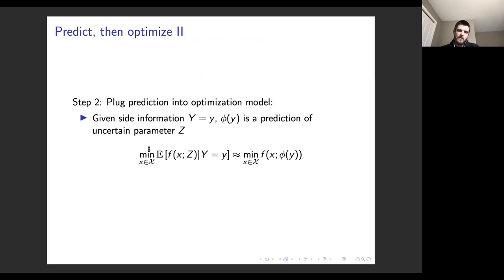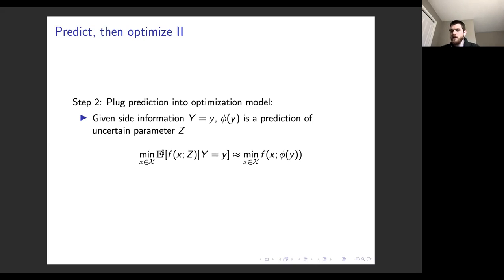In optimization with side information, you have what you could call the overall problem where the side information is random, but you also have subproblems for each fixed side information. So our approach here is that we're not going to explicitly build a policy. Our policy is we're going to build a regression model.